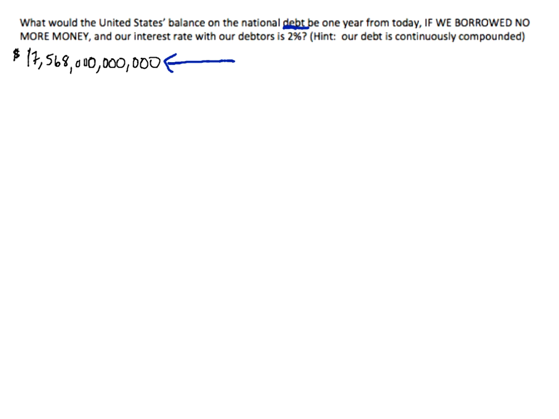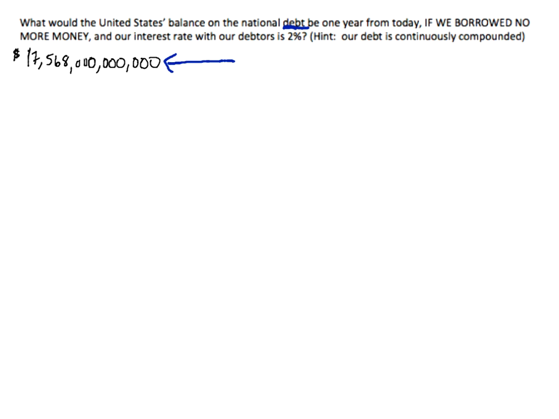So this problem that I'm presenting you with is very contrived. It's just kind of an eye-opener type thing, one more way to practice with the Pert formula. I've just made up the percent, our interest rate and stuff like that, because really I have no idea what we're charged in interest on our debt.